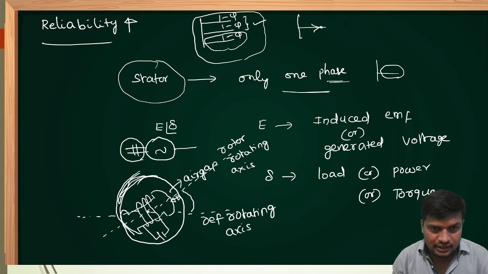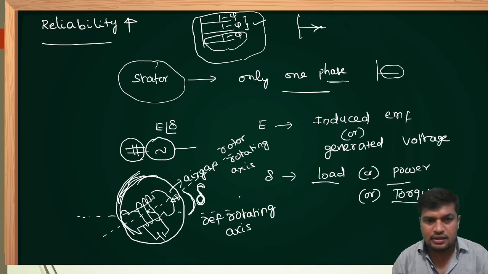The angle between the reference rotating axis and the rotor rotating axis is also represented by delta in power system. What is delta in power system? In power system analysis, delta is called load angle, power angle, or torque angle.